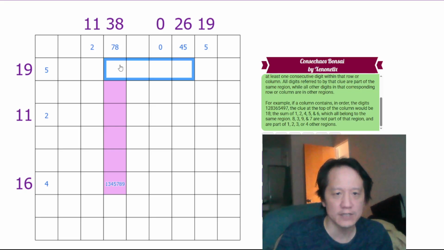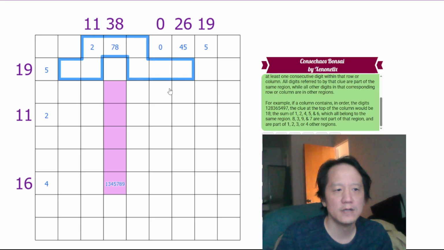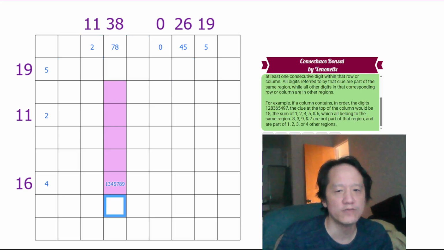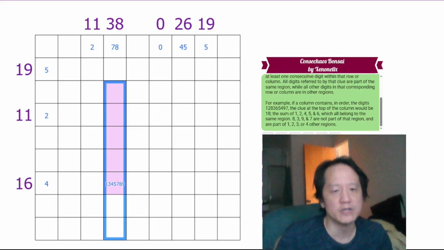Since that's the case, how else do they connect? Either they block this, so this is 7, or you go outside, and this would still be part of the region, right? Because it's 7 at least, right? So, okay, if you block this, the region has to be here, and it's 7.